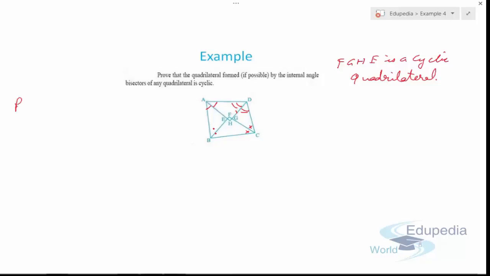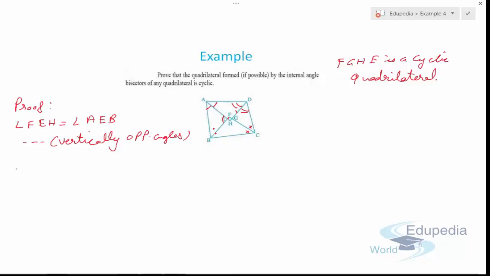So let's discuss the proof directly. We can say that angle FEH equals angle AEB. If you see properly, this angle and this angle are vertically opposite angles. Why are they equal? Because they are vertically opposite angles.